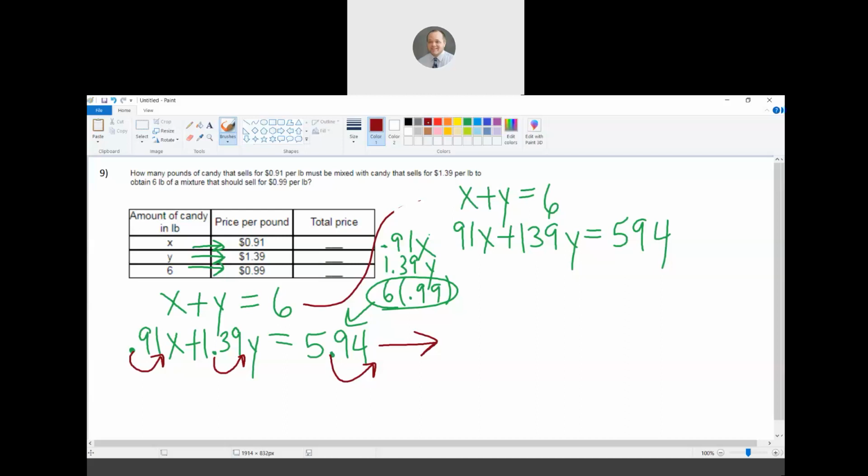I'm using elimination again. This time around, I want to eliminate the x's. To eliminate the x's, that number in front of the first x must be negative 91. So that's what we're going to multiply the entire first equation by.